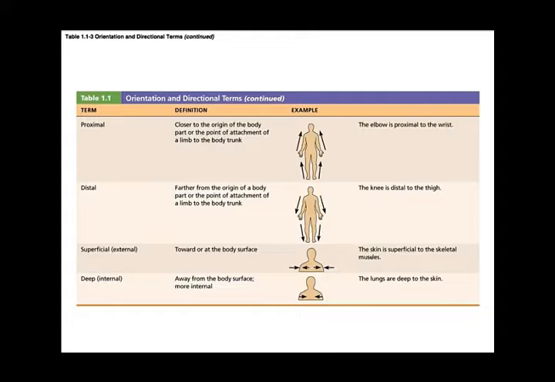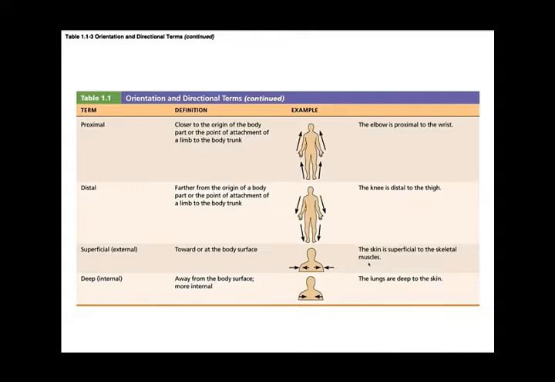When we are concerned with the pelvis, your knee is distal to the thigh, because your thigh bone, the femur, starts exactly at the pelvic joint. So the knee joint is distal to the pelvic joint.